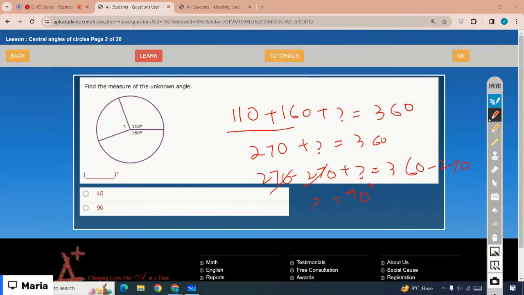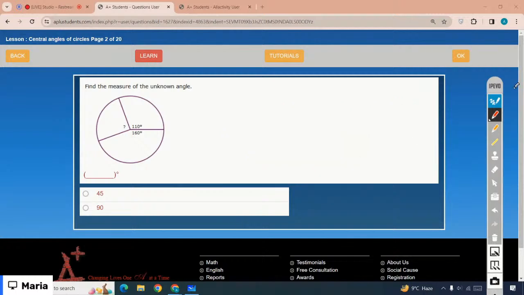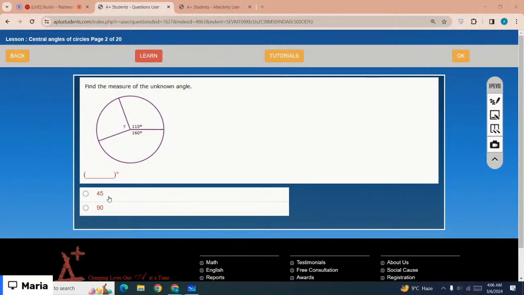That means the missing angle is 90 degrees. Got it? Yes, the correct option is 90 degrees.